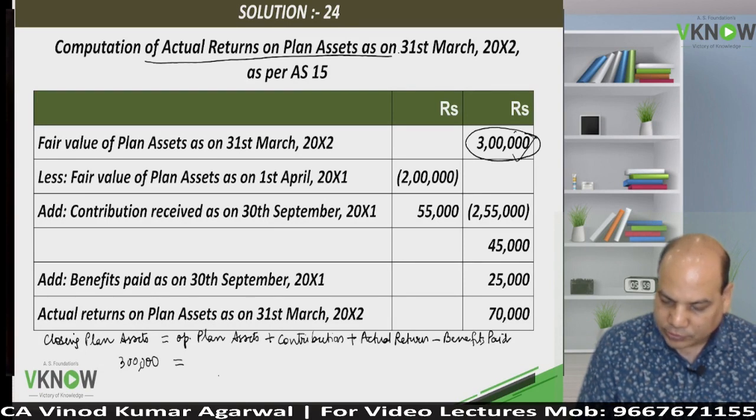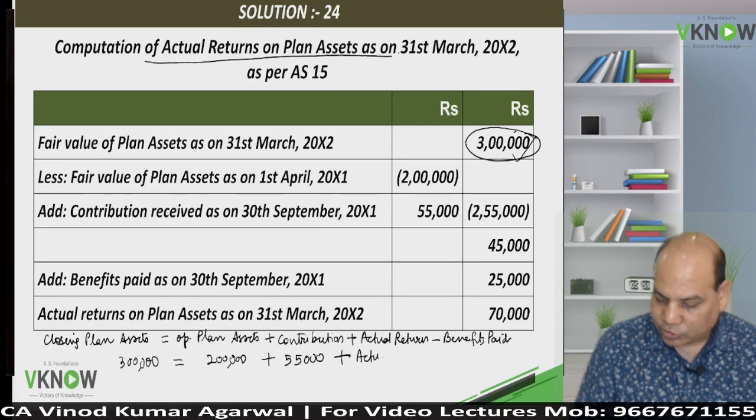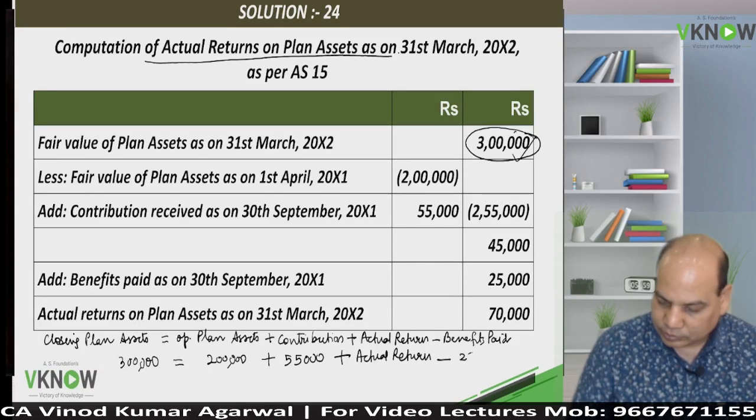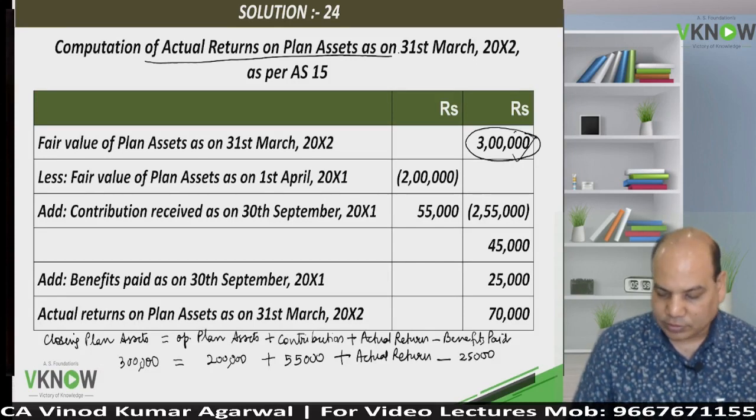Opening plan asset is given 2 lakh, plus contribution from employer 55,000, plus actual return, minus benefit paid 25,000.